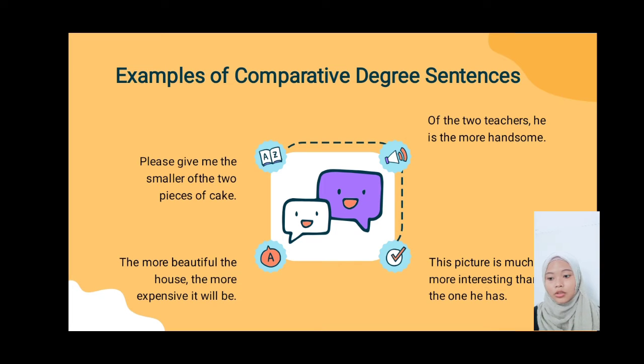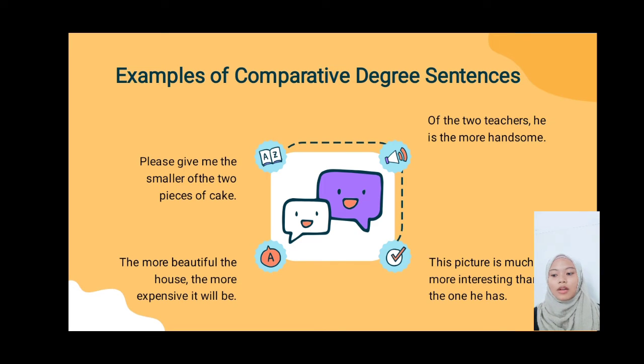And 2, of the 2 teachers, he is the more handsome. More is the formula of the comparative degree, and handsome is the adjective used in this sentence.